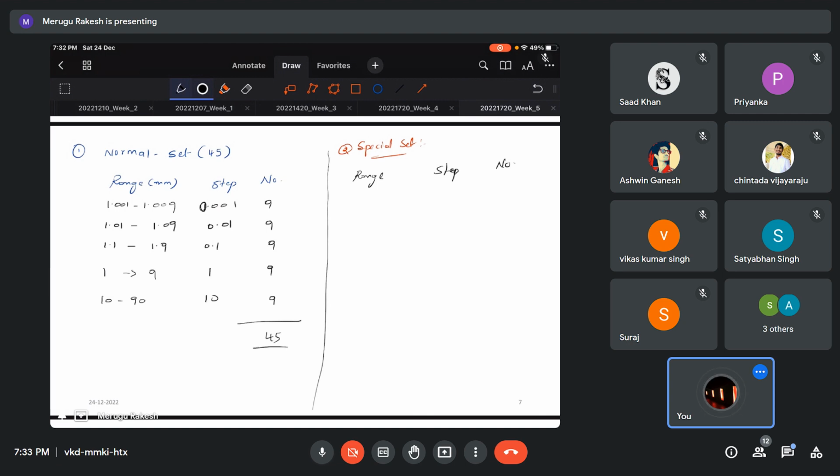So here initially we start with this. Total 9. Then here we'll have 1.01 to 1.49 with an increment of 0.01, and these are total 49.